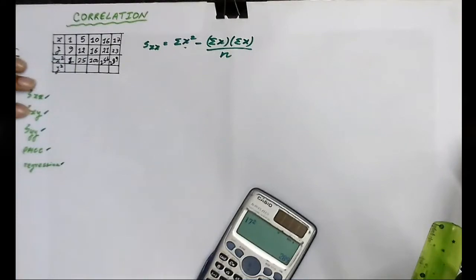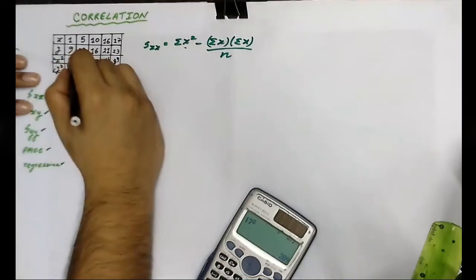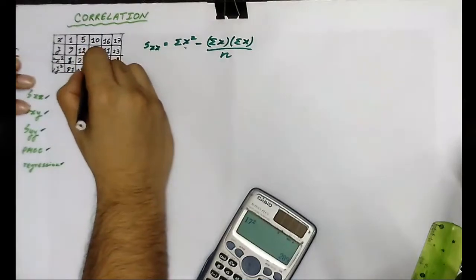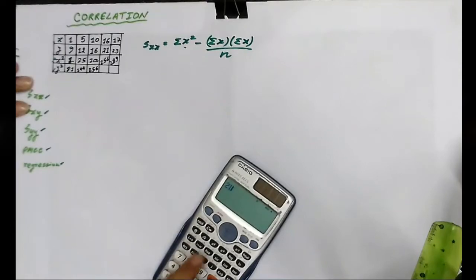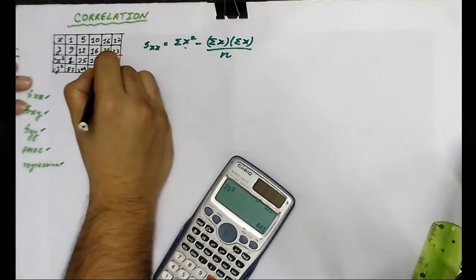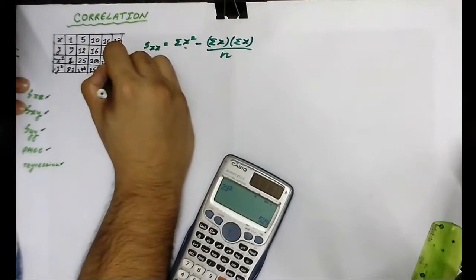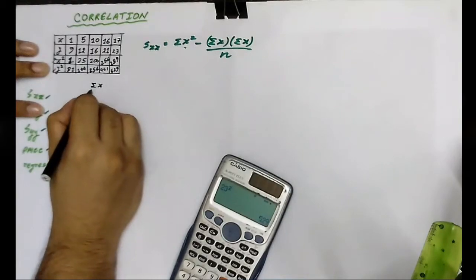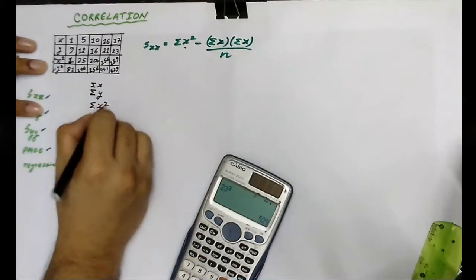Just give me a minute to complete this tabulation, and then we will continue with our calculations. Now, as we have our table complete, we will just write down the summation of x, the summation of y, summation of x square, and summation of y square.